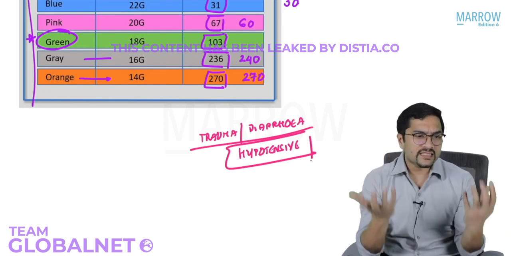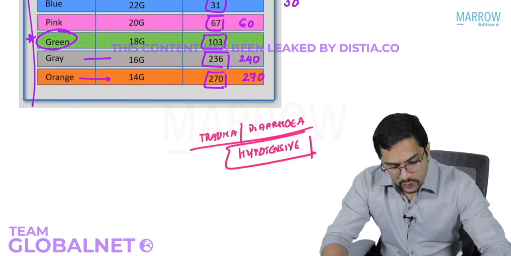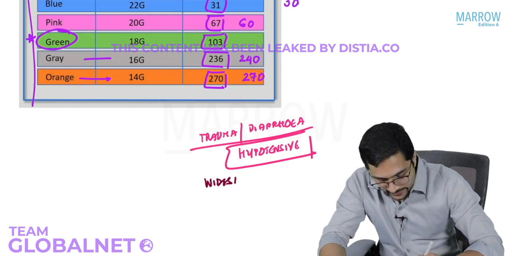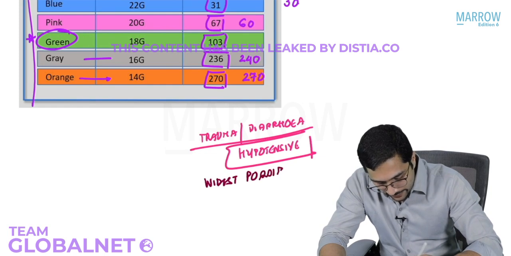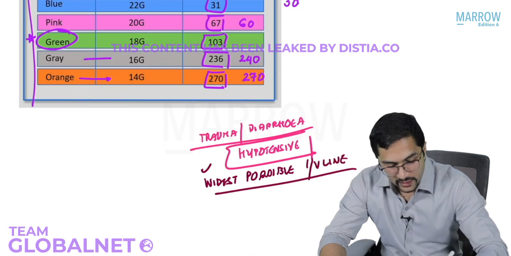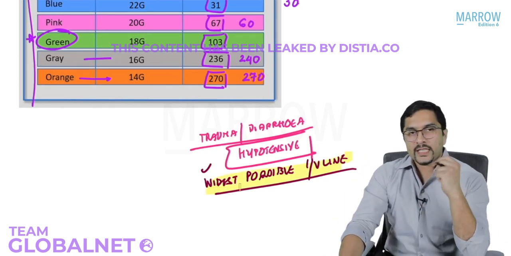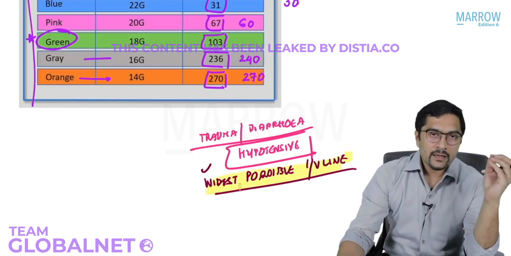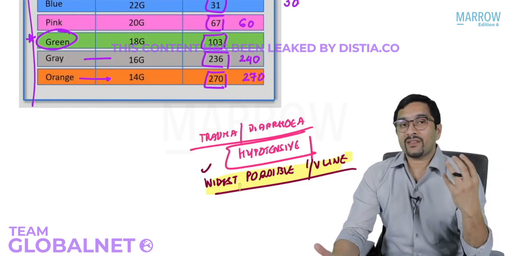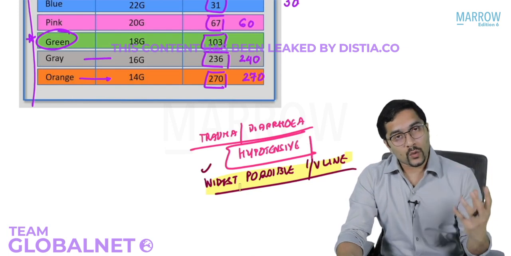Patient is hypotensive, he's dehydrated, needs fluids. So in these patients, we will use the widest possible cannula. We will use the widest possible IV line so that we get the fastest flow rate. Please remember this. So supposing the options were gray, green, pink and blue, you will put in a gray cannula because that will have the fastest flow rate amongst those four.